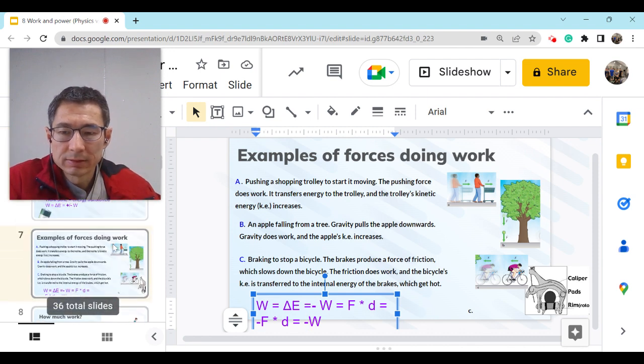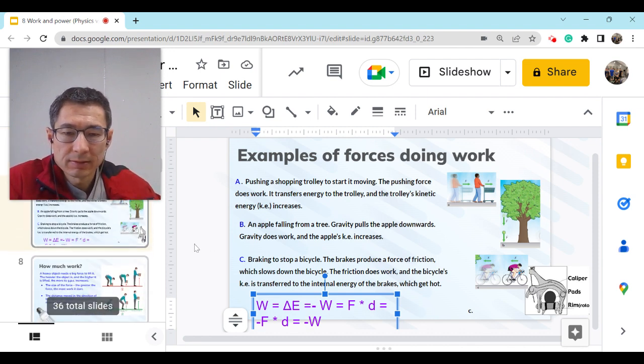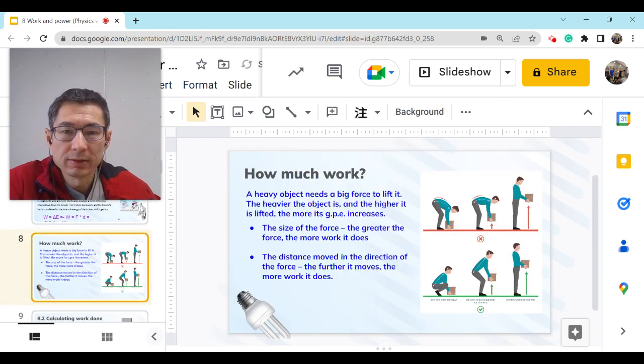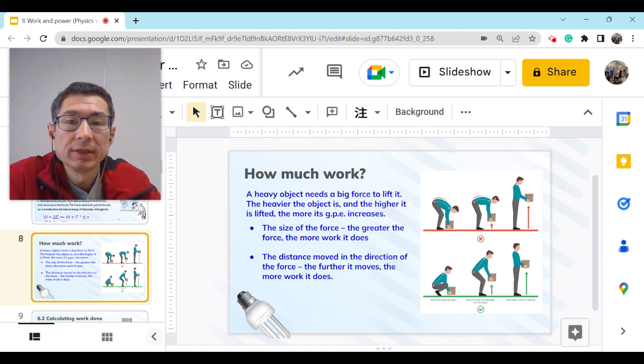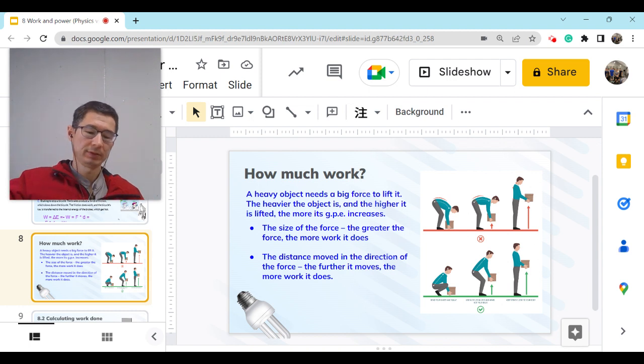Okay, let's continue with some other examples. Now, we're going to think about how we calculate the work done. It says here that heavy objects need a big force to lift them. The heavier the object and the higher it is lifted, the more its gravitational potential energy increases.